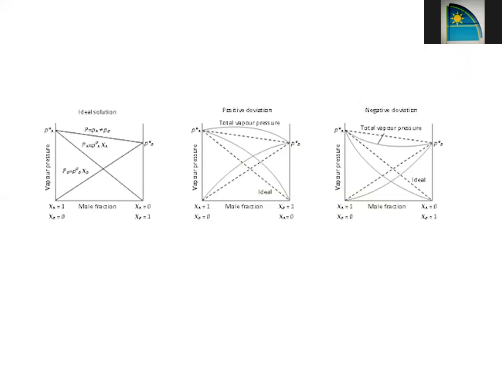The effect of positive deviation from Raoult's law is that the solution will form a minimum boiling azeotrope, and if any solution shows negative deviation from Raoult's law, it will have the probability of forming a maximum boiling azeotrope. Azeotropes are those solutions which have a constant boiling point.